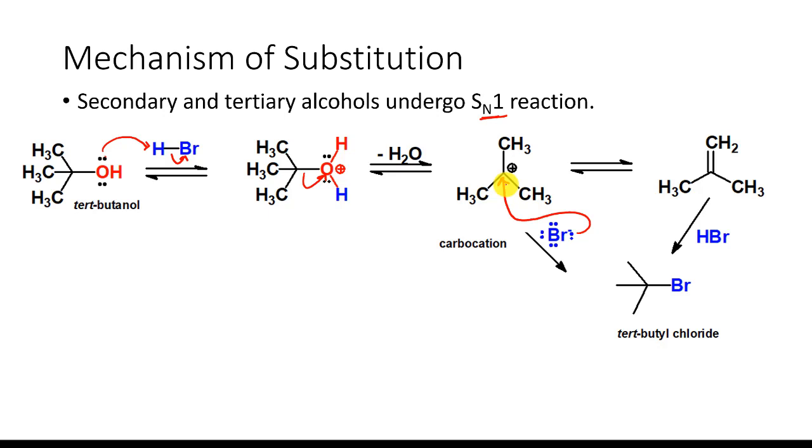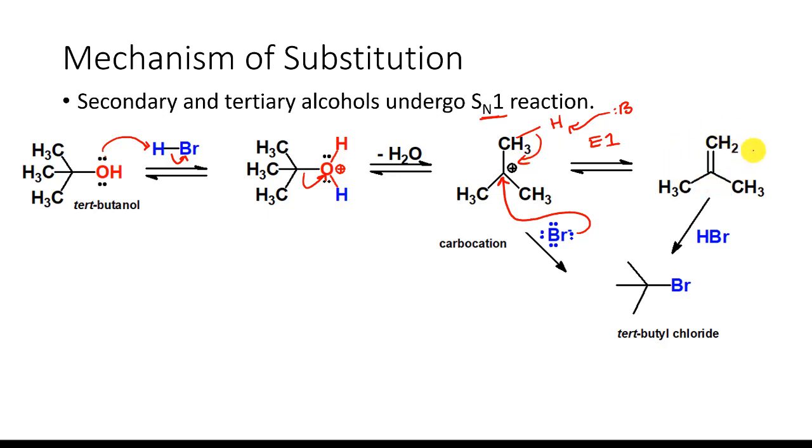Now, it also turns out in this reaction, it is also possible to get an elimination reaction, an E1, where the base, which in this case would be the Br, or more likely another molecule of the alcohol, can attack and form the double bond, and that's what gives us the structure that's shown over here on the right.